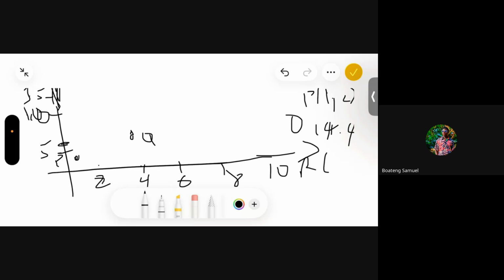Let me assume my 5 is here, so 5, 9, 9 is here. That is R. And what again? S, 2, 7. The drawing will not be nice. S is 2, 7, so it will be somewhere here.